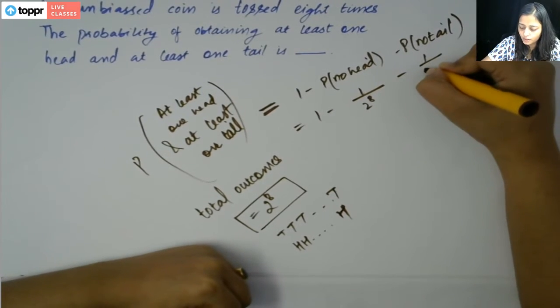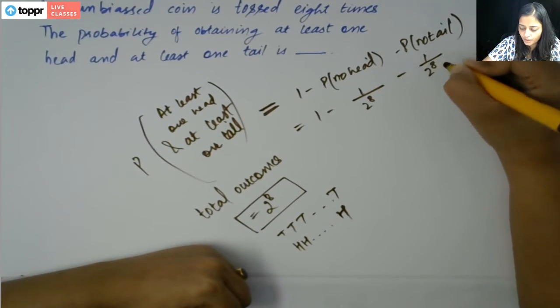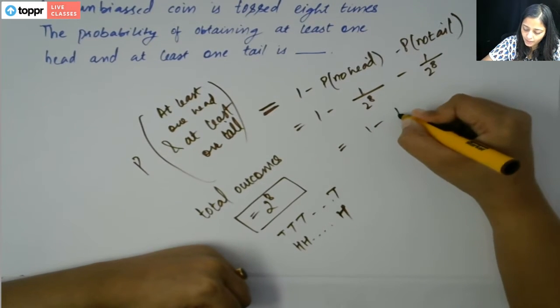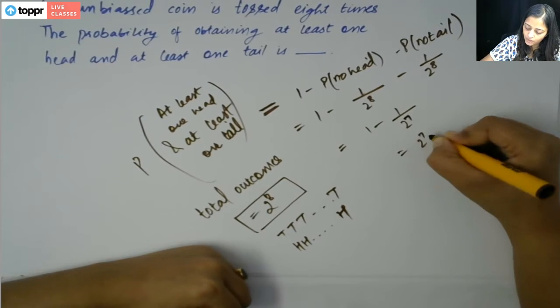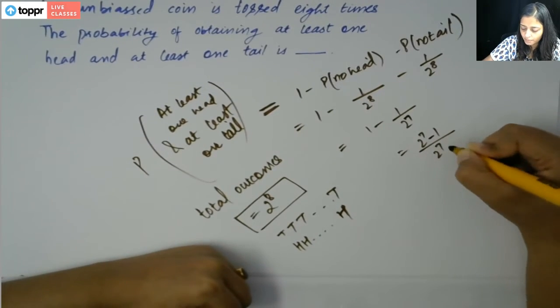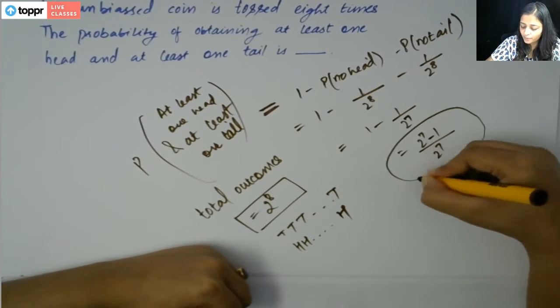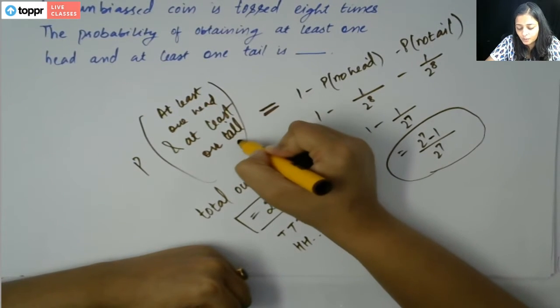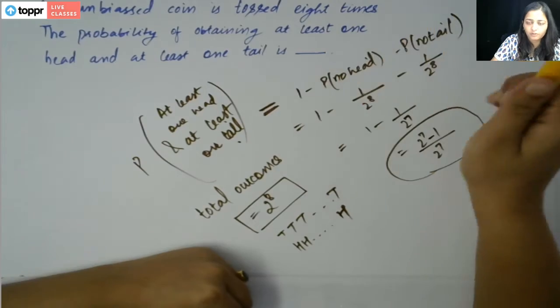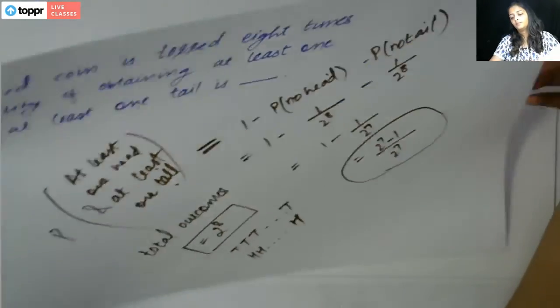So it is also 1 divided by 2 raised to the power 8. So it is 1 minus 1 by 2 raised to the power 7, which is 2 raised to the power 7 minus 1, over 2 raised to the power 7. So this is the probability of getting at least one head and at least one tail on tossing the 8 coins.